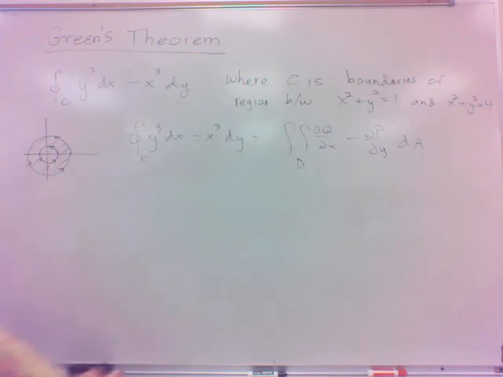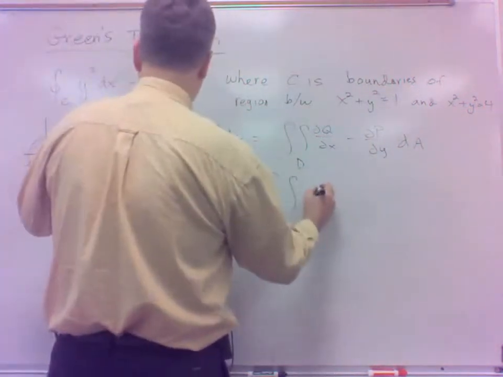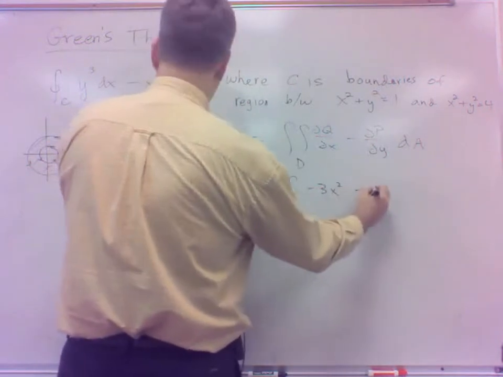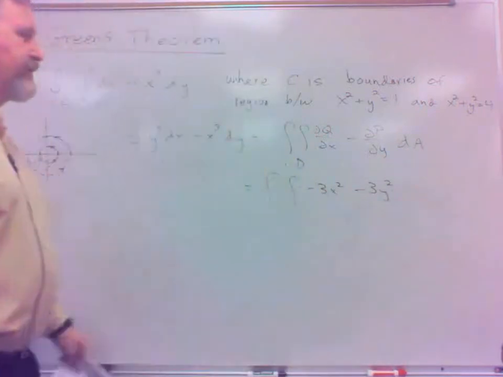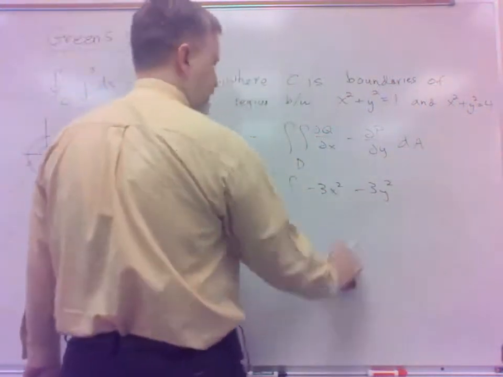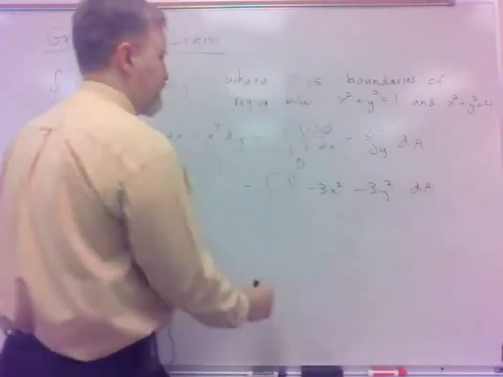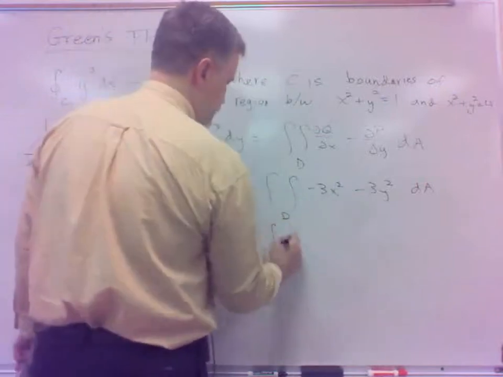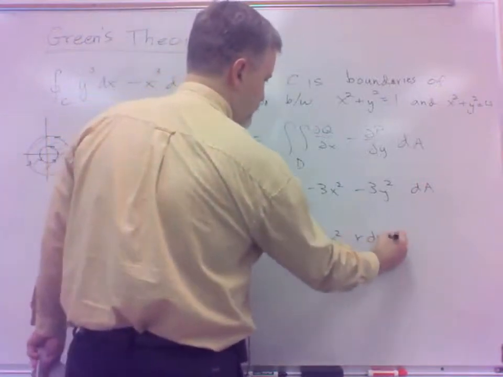So that'll work out to be a double integral, what was it? Negative 3x squared minus 3y squared dA. All right, then again we're going to use polar, and so that's just going to be negative 3r squared, again r dr d theta.